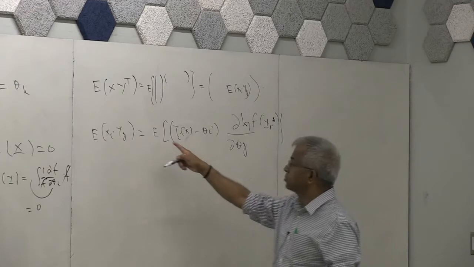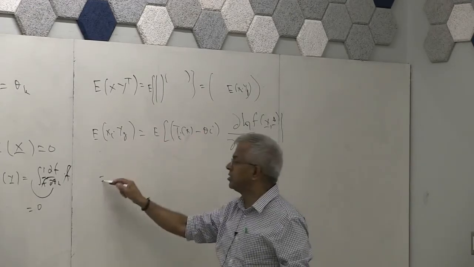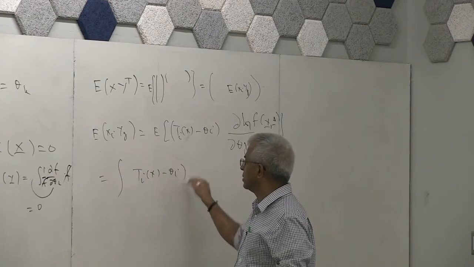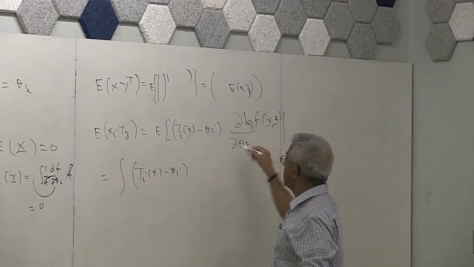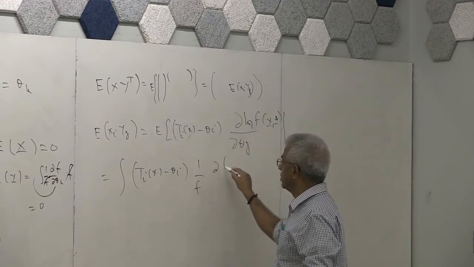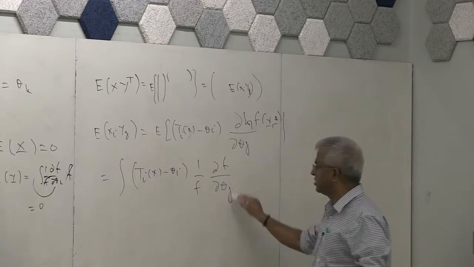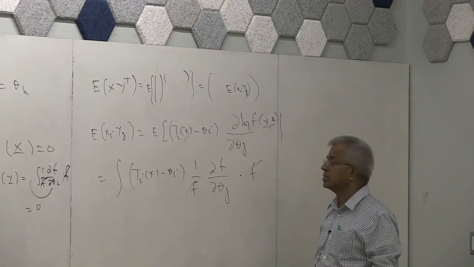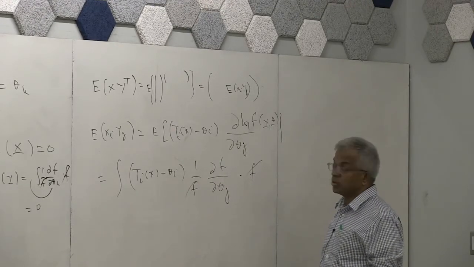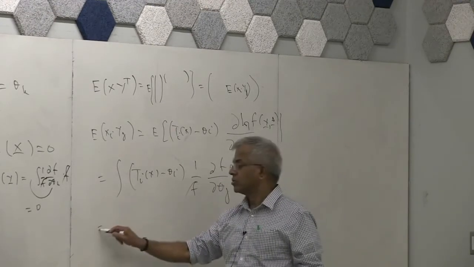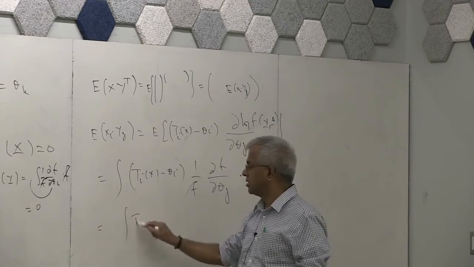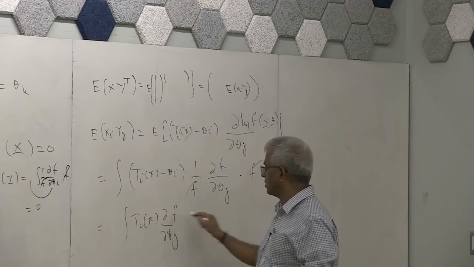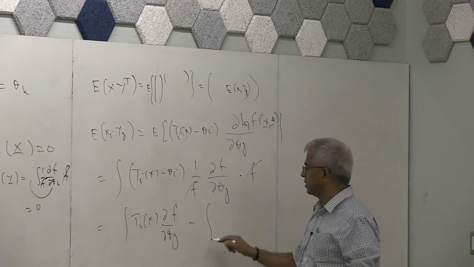You see, expected value means what? Multiply by the density function. So t_i(x) minus theta_i. So d log f is what? 1 over f, df by d theta_j, multiplied by f, cancels, right? So you have two terms. This is t_i(x) df by d theta_j, minus another term, integral.